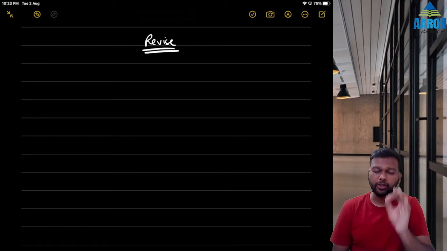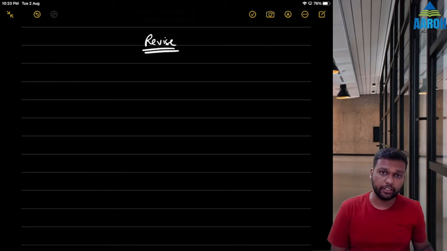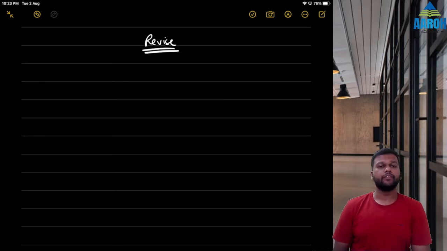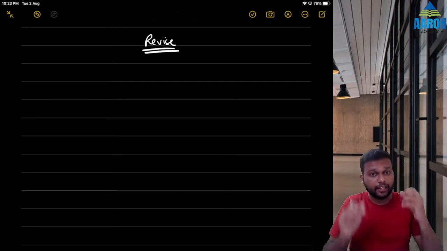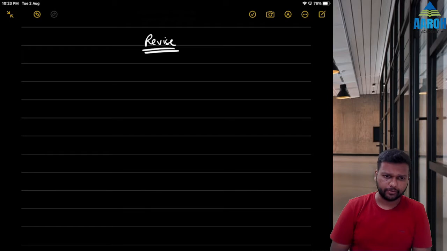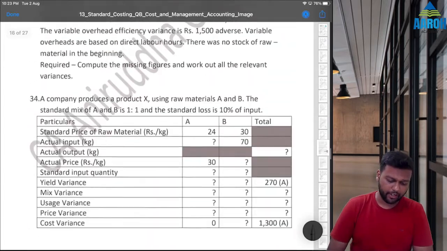They help you revise the entire chapter, all the numerical questions of the chapter. Similarly in standard costing, when you solve missing figure questions, all the formulas and all the concepts automatically get revised. So this one is such kind of question. I'll show you the question once, but we are going to revise a bit first before that.